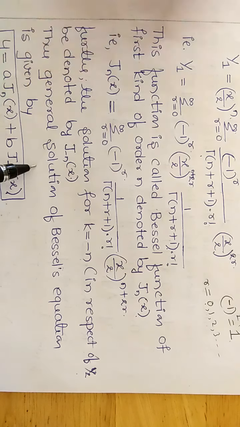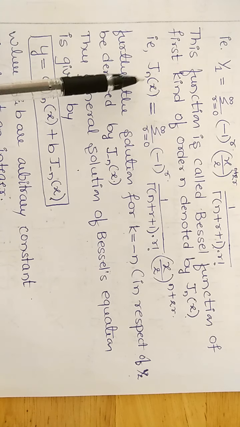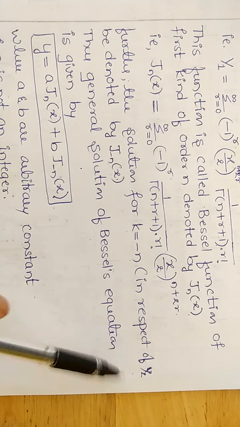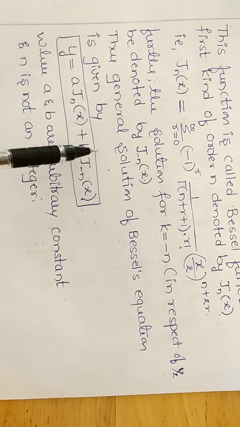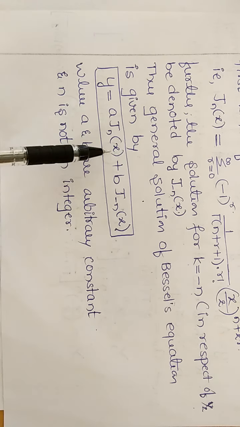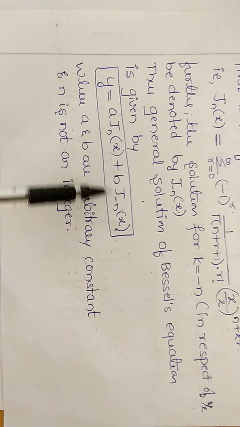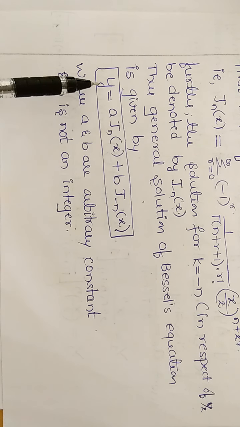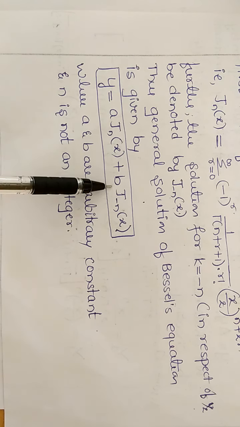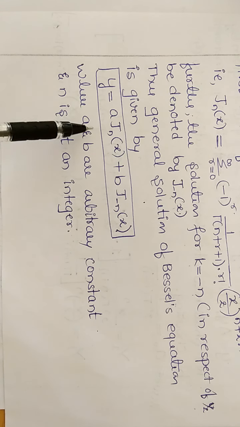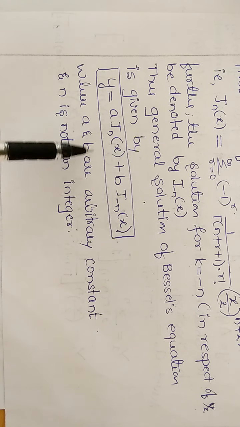The general solution of Bessel's equation: y1 is Jn of x and y2 is j minus n of x. So the general solution of Bessel's equation is y equal to a into Jn of x plus b into j minus n of x, where a and b are arbitrary constants and n is not an integer.